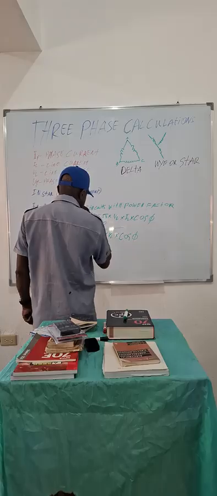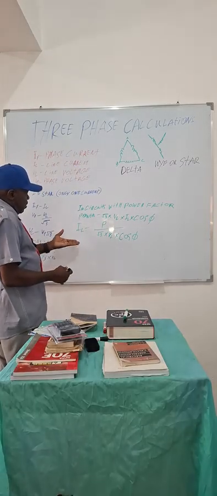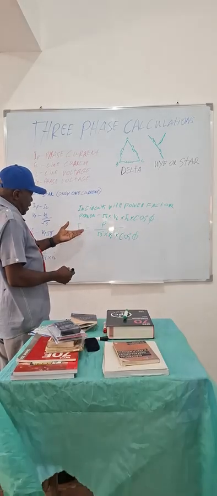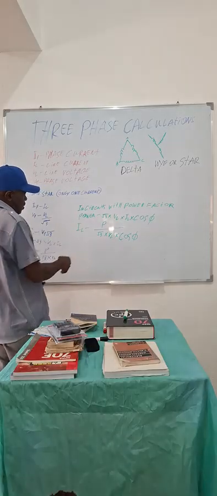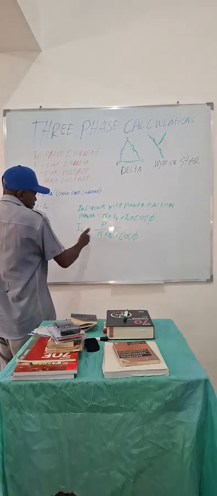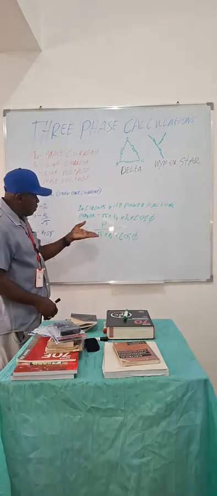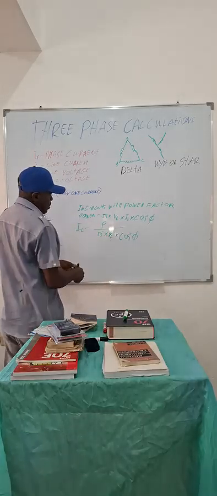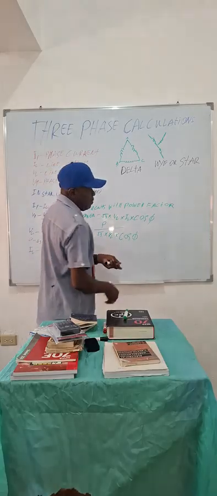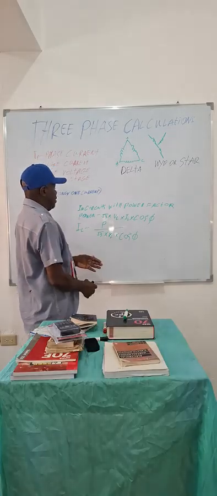Where the line current IL is concerned, we do the necessary transposition and have the power on top, over root 3, which is 1.732, times the line voltage times the cosine of the angle, which is the power factor. So simple.